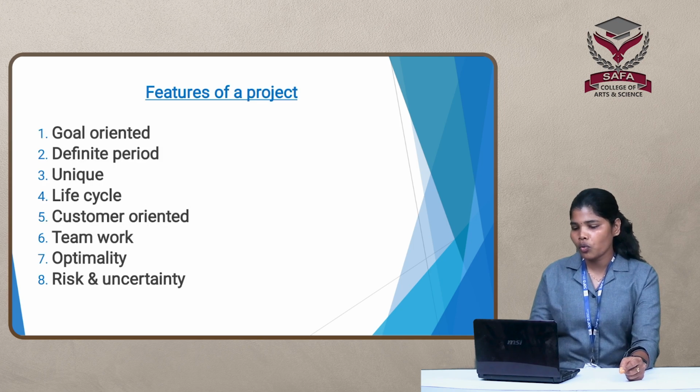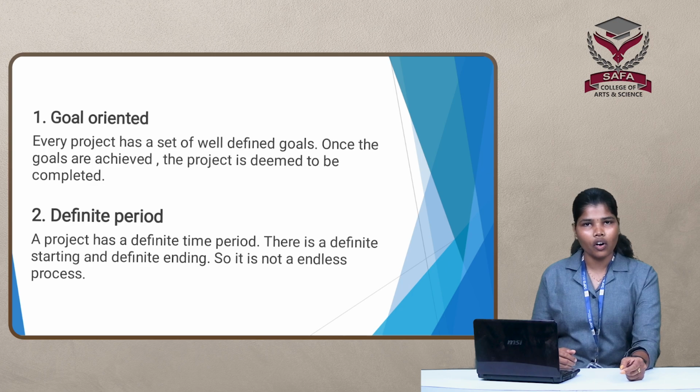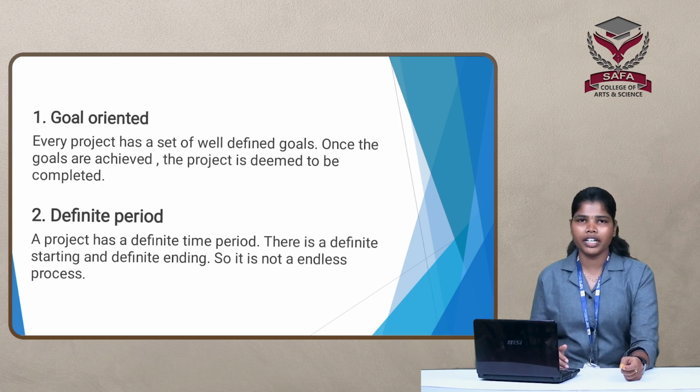Next we move to the features of a project. The first feature is goal oriented, because every project is started with a view to fulfill certain objectives or goals. Once the goal is achieved, the project is deemed to be completed.